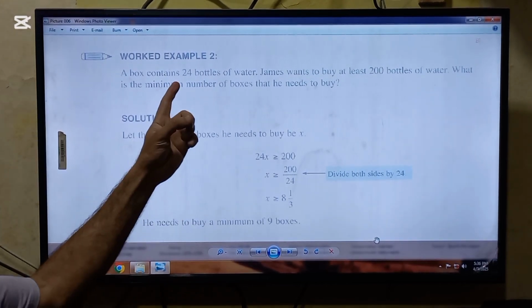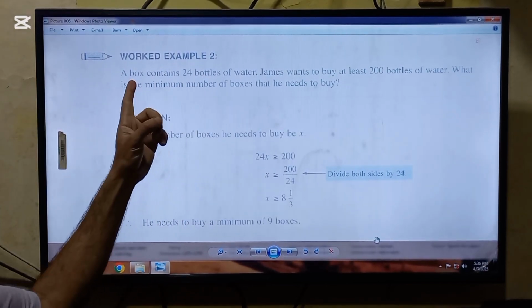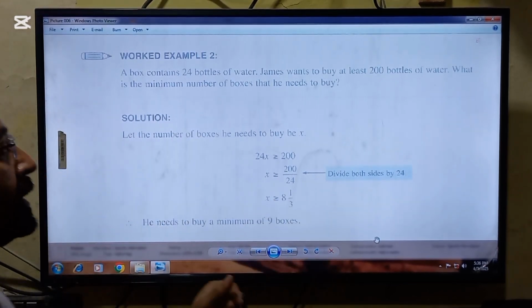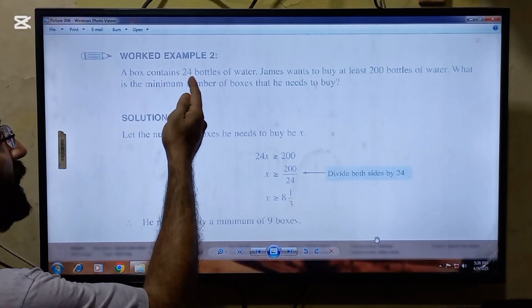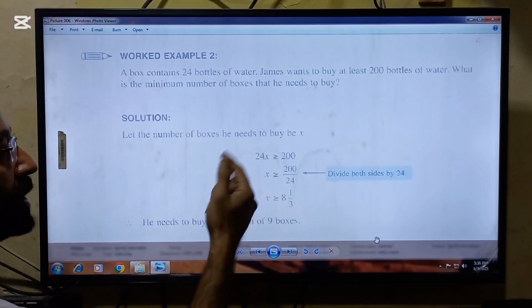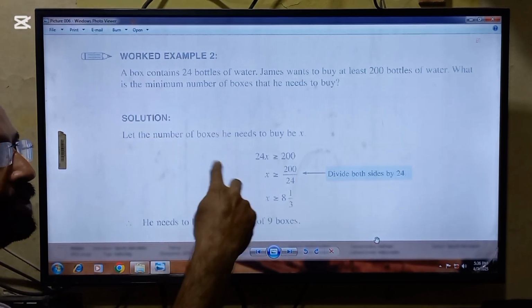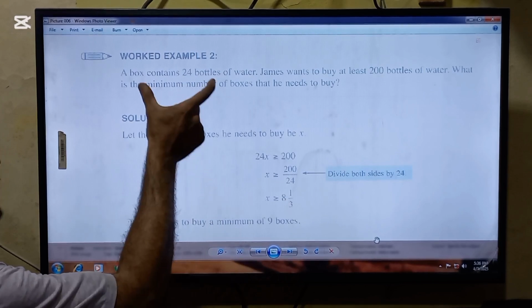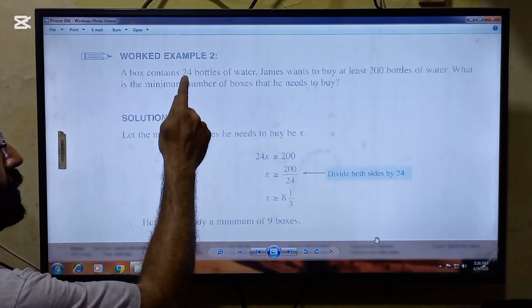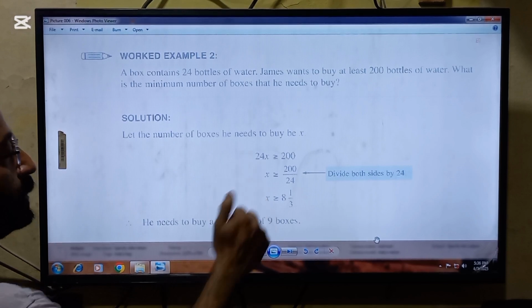So first, 24 bottles of water are there in a box. So if we want to purchase the boxes, one box will be 24x. So 24 into 1 will be equal to 1 box. 24 into 2 will be equal to 2 boxes. So it means if we want to purchase the boxes, not bottles, we have to apply 24x.